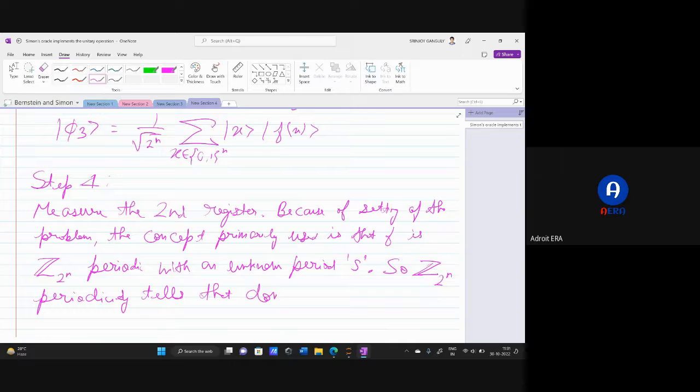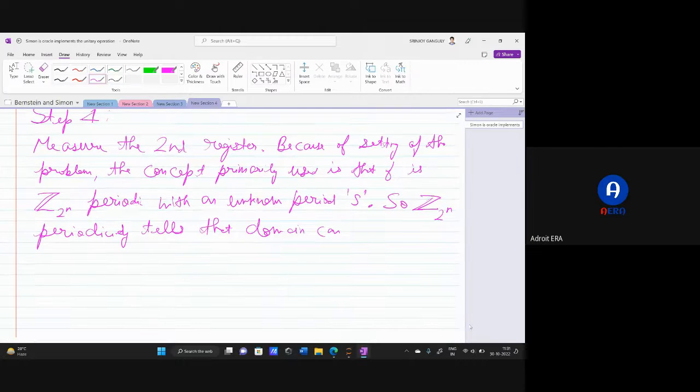The domain of this periodicity. We have domain and codomain, which you have studied in relations and functions in school.